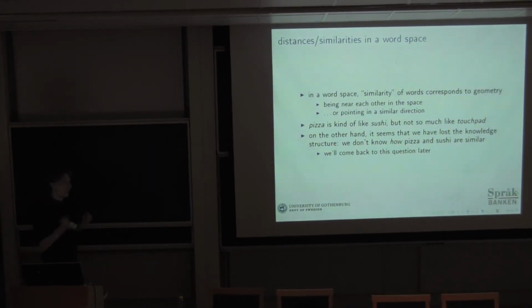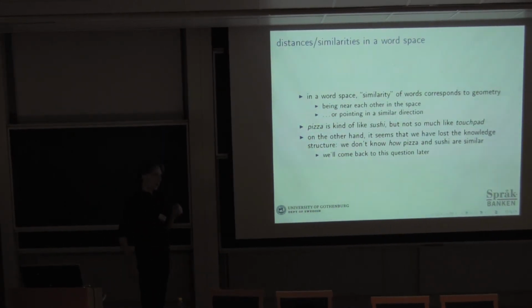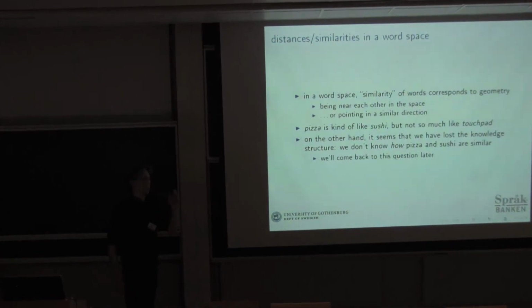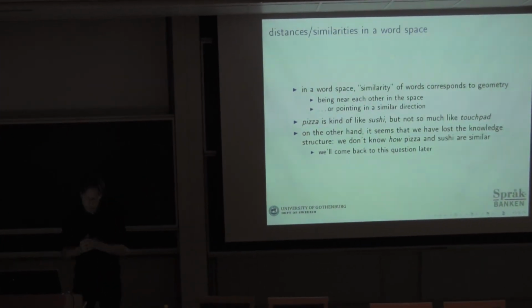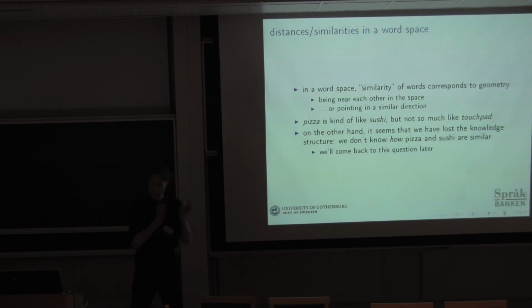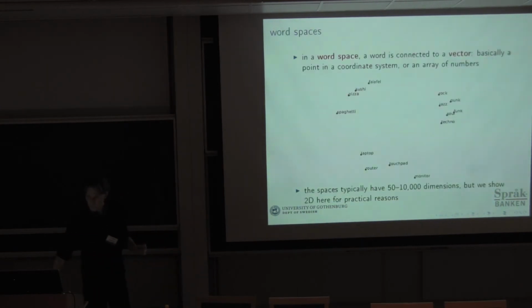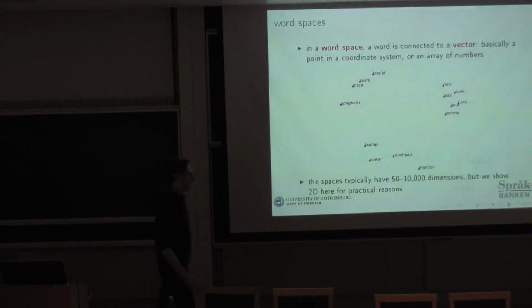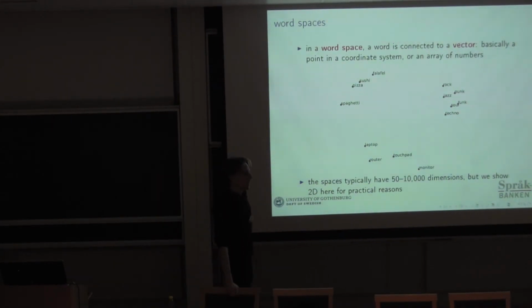So this can be done in two different ways. First, if I say that I want my word space to be arranged so that similar words are near each other in the space, then I can have a benchmark where humans have said how similar they think two words are.